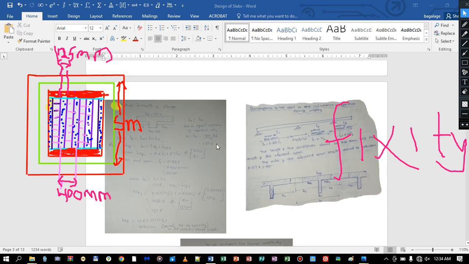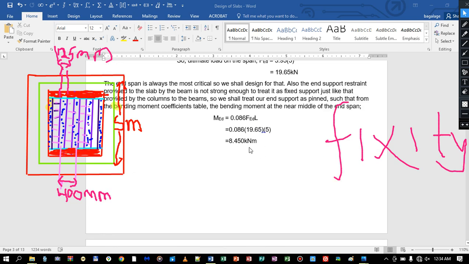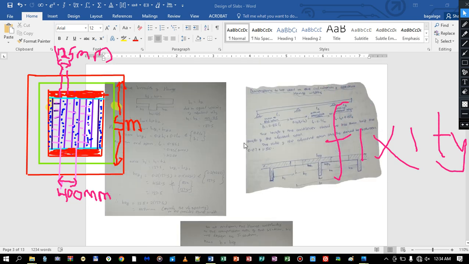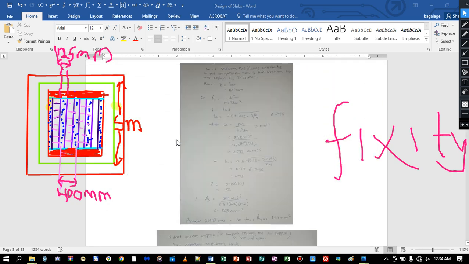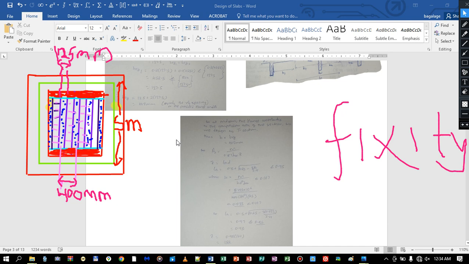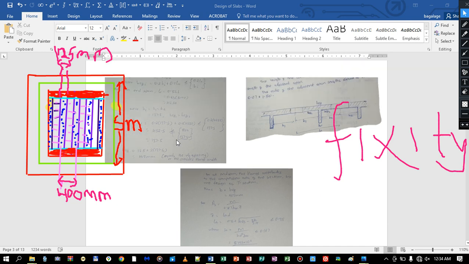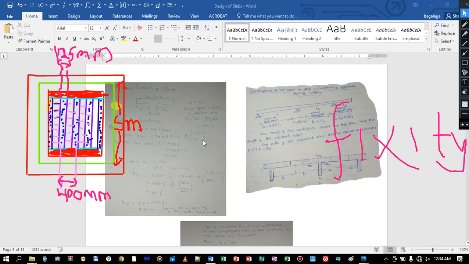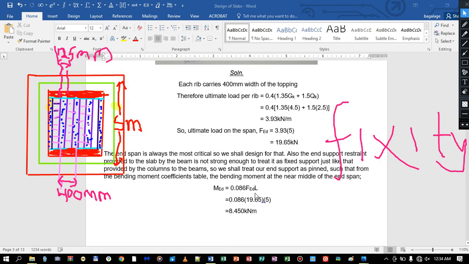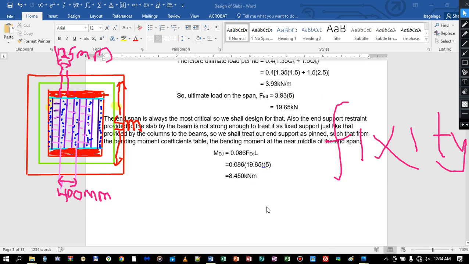Okay, so after determining the moment, we now have to compute the reinforcement to resist this moment.